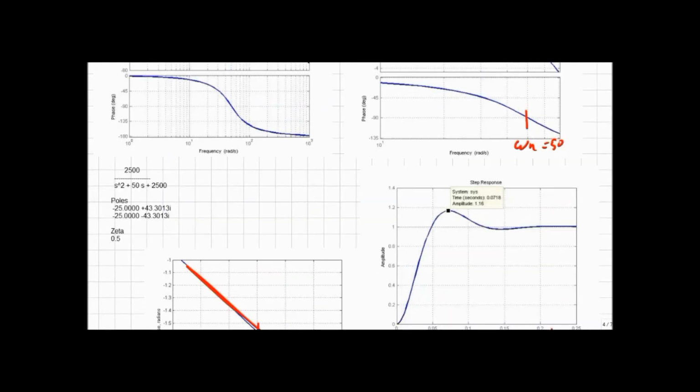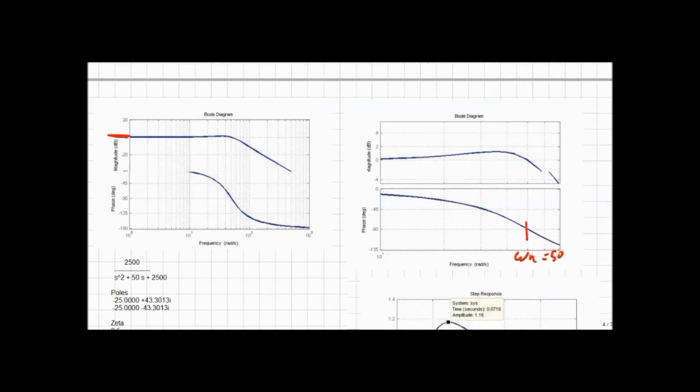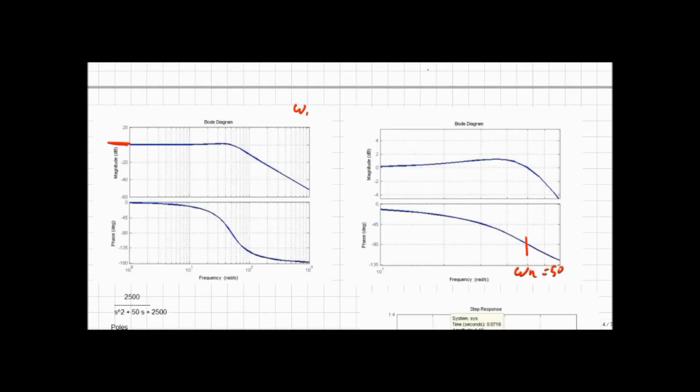Omega res, which is at the peak of this plot, somewhere right in there, is equal to omega n times the square root of 1 minus 2 zeta squared, and that comes out to 34. So this is 10, 20, 34 as a check, and that happens right there, and that is pretty close to the peak, so that's another quick double check that says I probably didn't get something off by an order of magnitude or so.